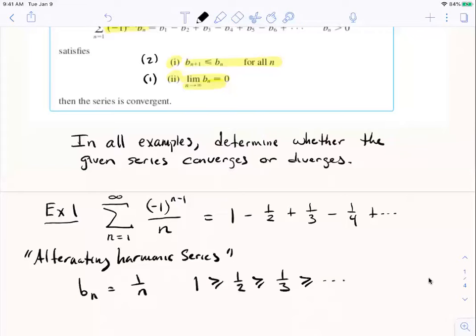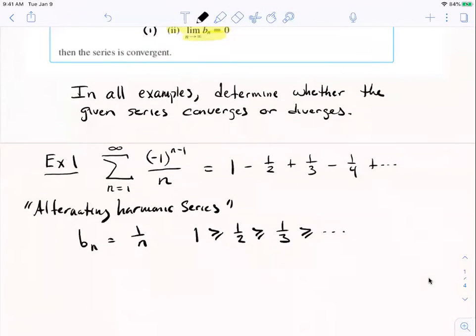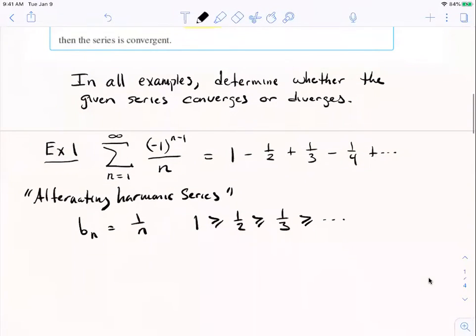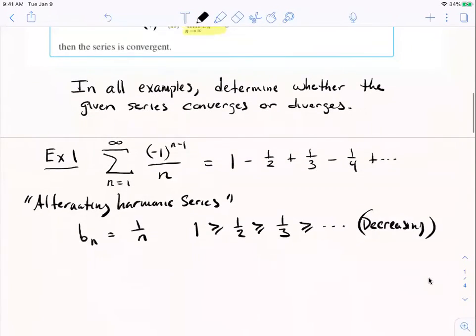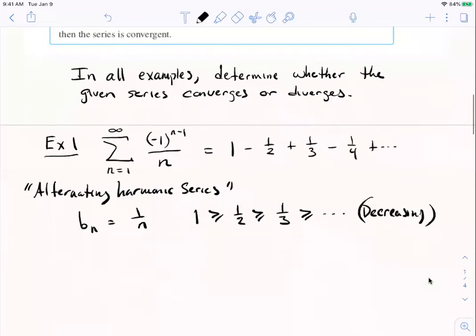If you want, I can use this as a real quick example of how to use differential calculus to show that it's decreasing. So these terms are decreasing. That's what this first condition up here is asking you to check, that the terms decrease. Here's a differential calculus way of showing that. It's trivial in this example, but you just take a look at your corresponding function.